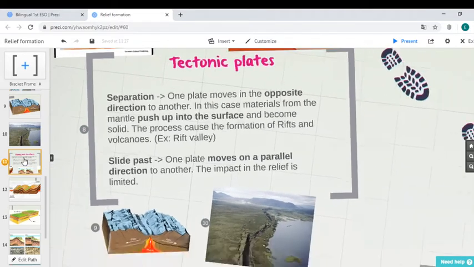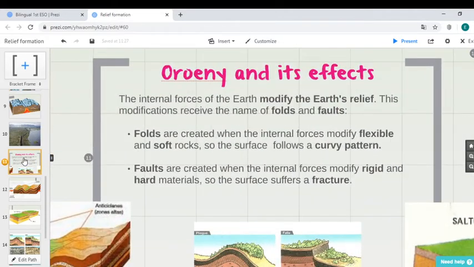Good. Let's go on to how this movement of tectonic plates affects the relief. So, as I said, colliding and separating modifies the relief. It's on a really long term, as they are moving just a few centimeters every year.